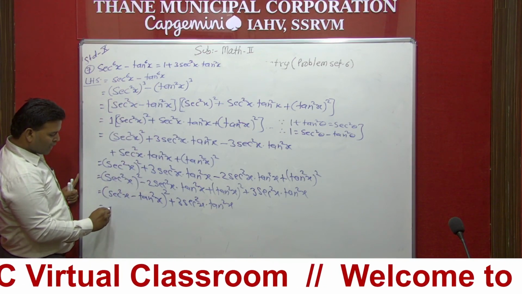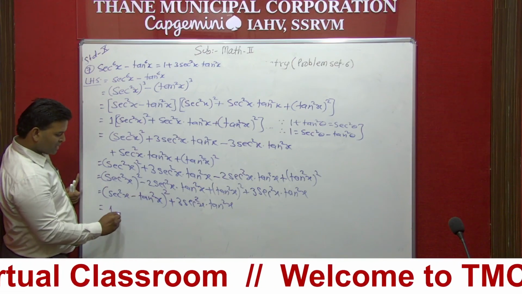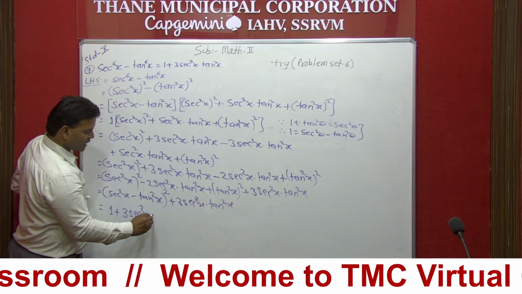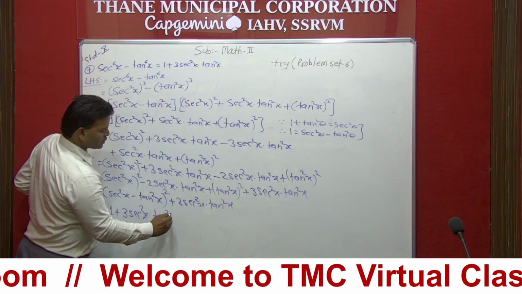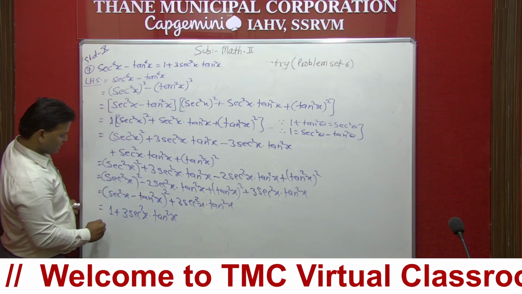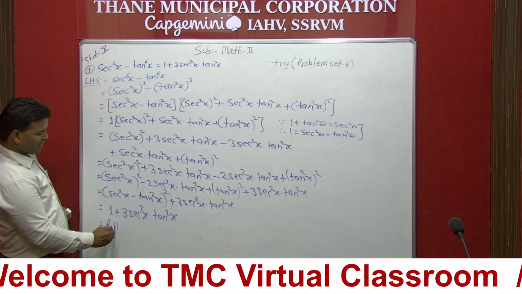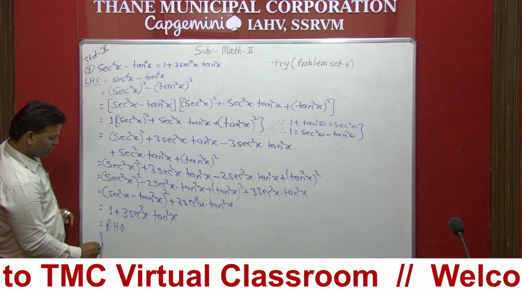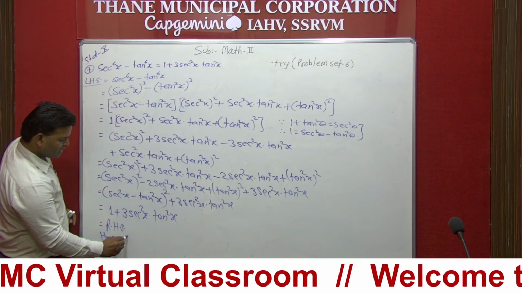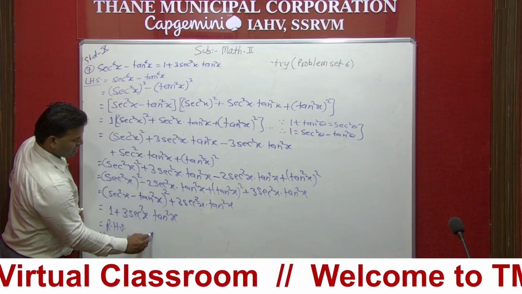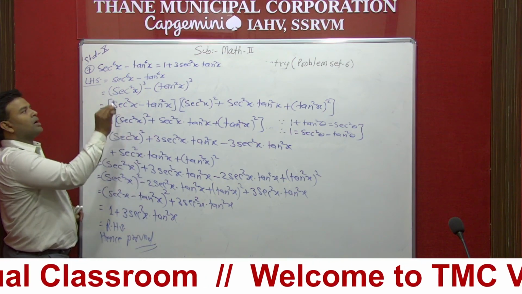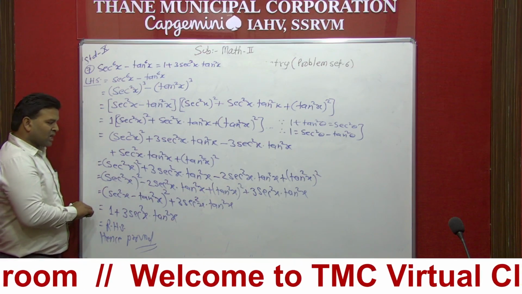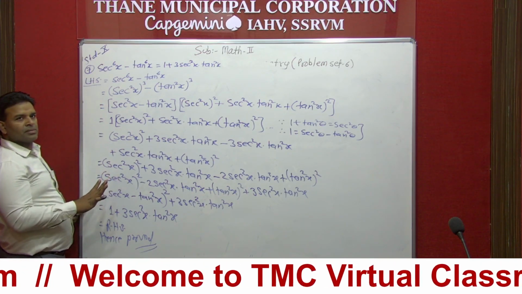Here I am going to write down 1 plus 3 sec square x into tan square x, and this is our right hand side, and hence here I will write down hence proved.